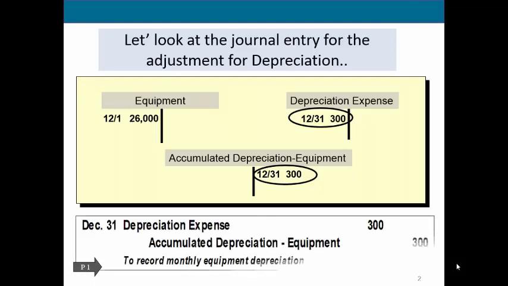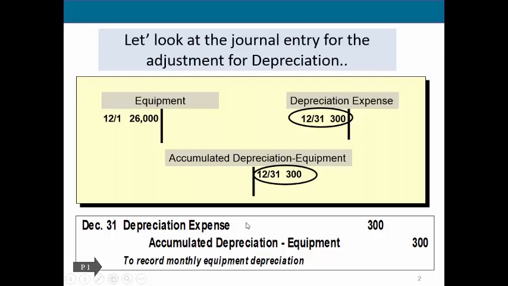So now we can see the actual adjusting journal entry related to depreciation. You'll see here we recognize the portion that we are going to expense. In this case, we are going to expense the depreciation for the 1 month of December. If you go back to our previous calculations, you'll remember we're depreciating $300 per month.